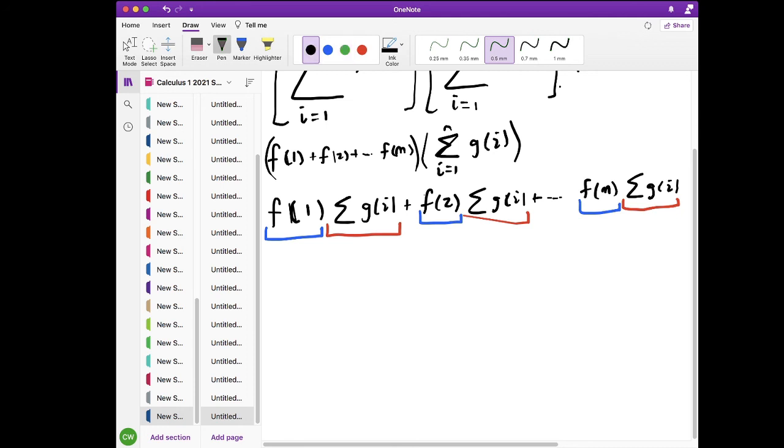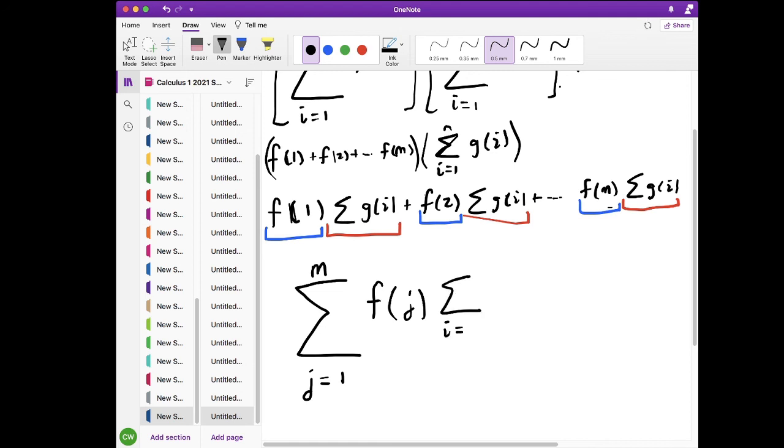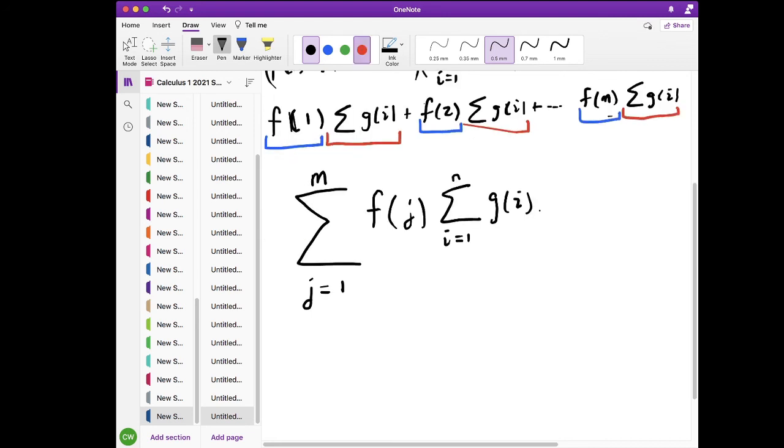So let's turn this into a different index. Let's introduce a new index called, say, j. That will run from 1, and where does it end? At m. And this will be a sum of f j, and then you do the sum of the g i's. Okay, now we can use the constant rule.